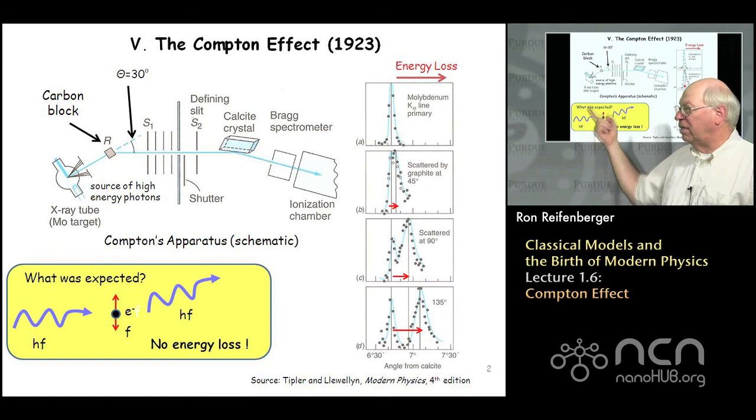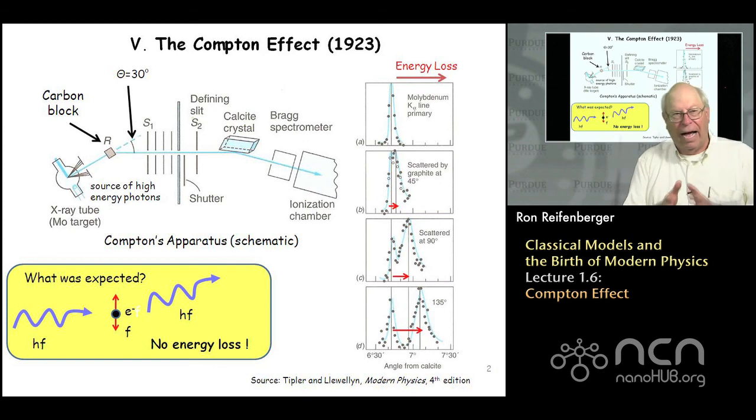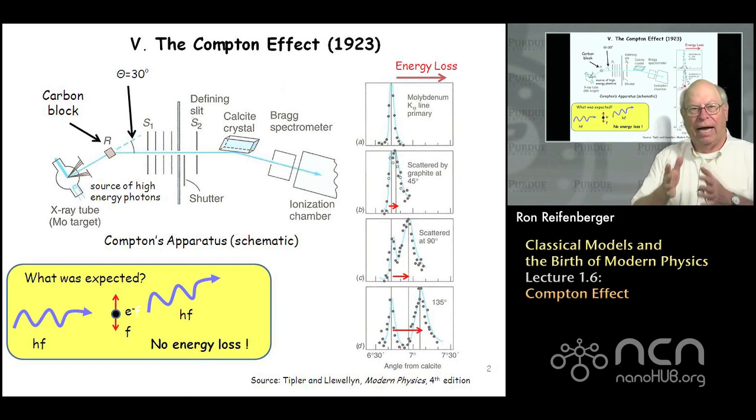This energy of the X-ray was basically controlled by the X-ray tube that he used. If that photon interacts with an electron inside the carbon block, then the electric field of the photon will cause the electron to oscillate up and down.